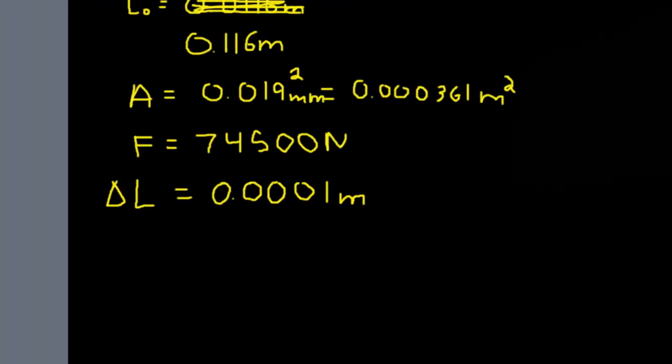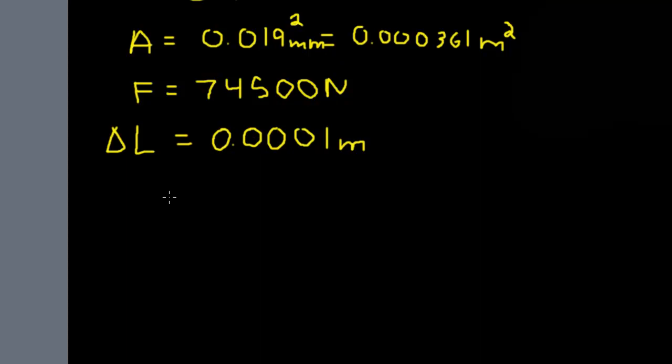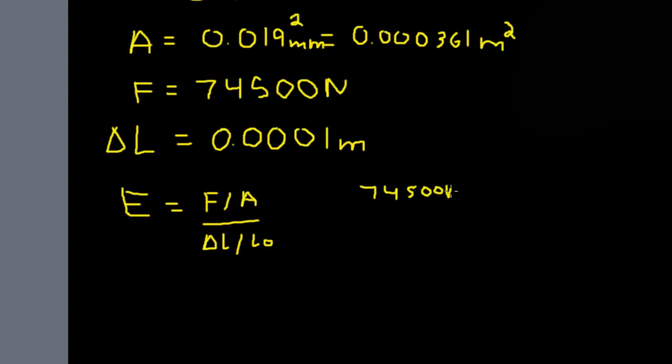So let us go down a bit more. We want to find the GPa, so we write down the basic equation. E equals force divided by area, over change in length divided by original length. So let's plug these in. 74,500 newtons, sorry, it looks like W, but newtons, divided by area, which was this number.